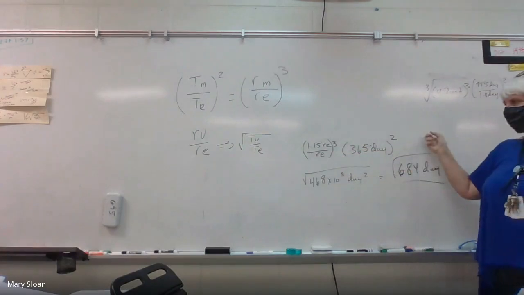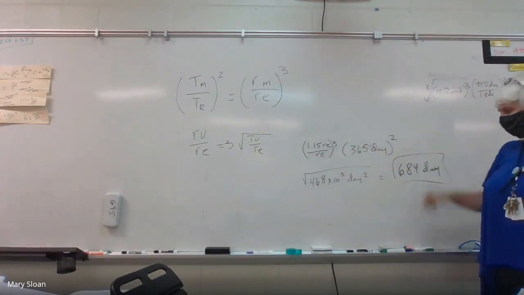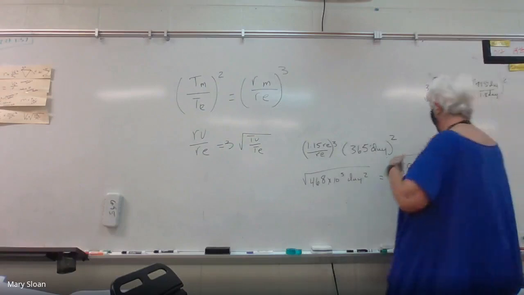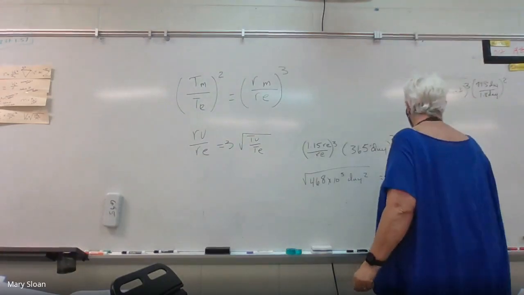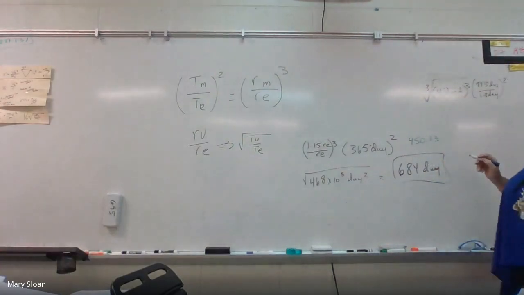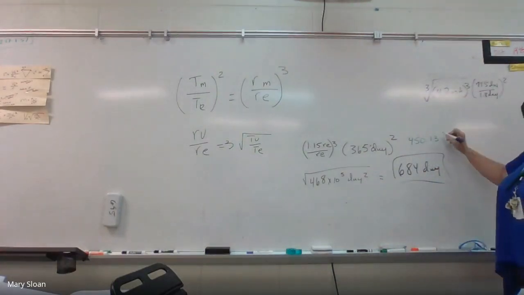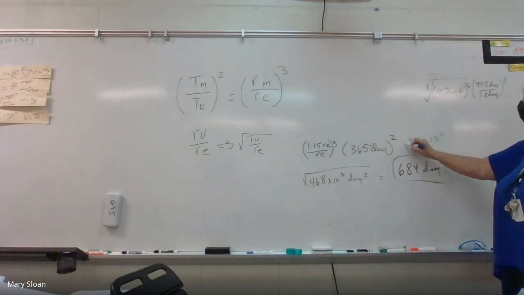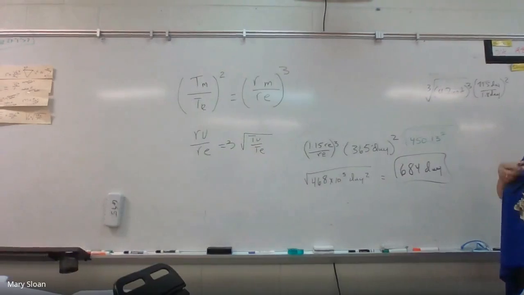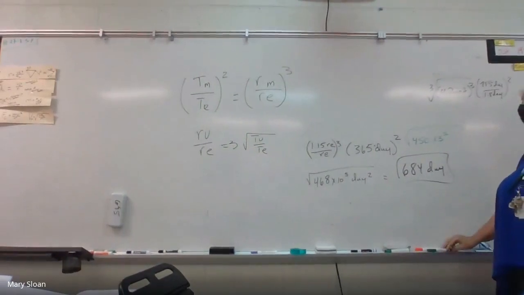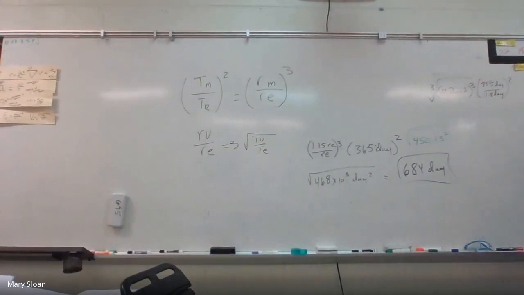I got 450.13. And then did you square that in square root? Yes, ma'am. I got the same thing as him. Yeah, that's what I say. It might be my math problem because I didn't do the math right.